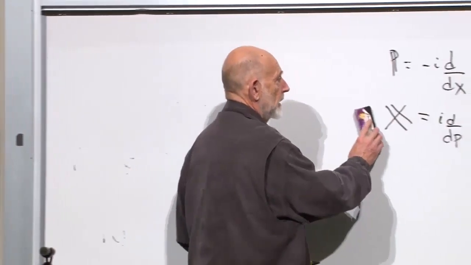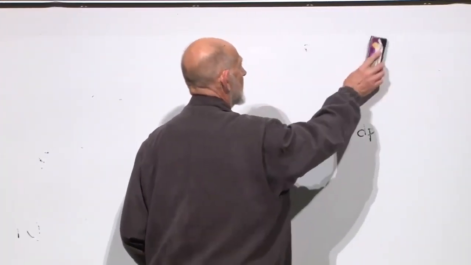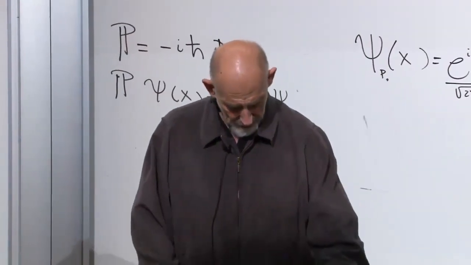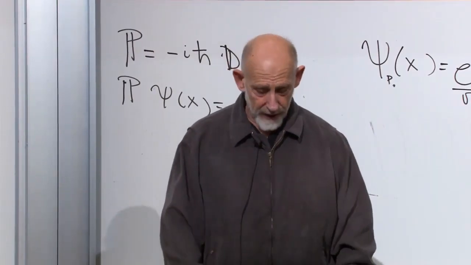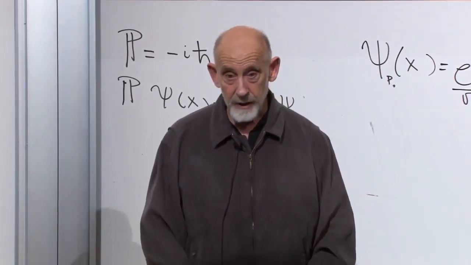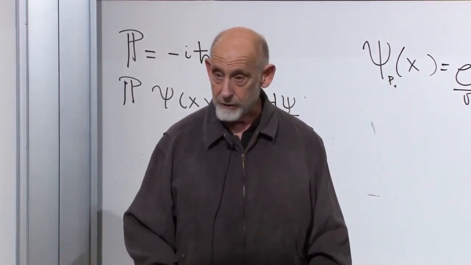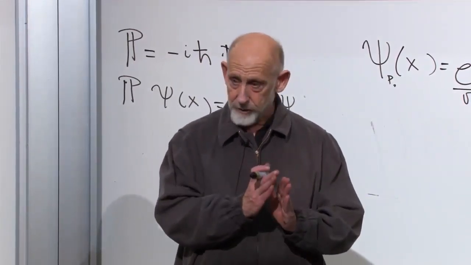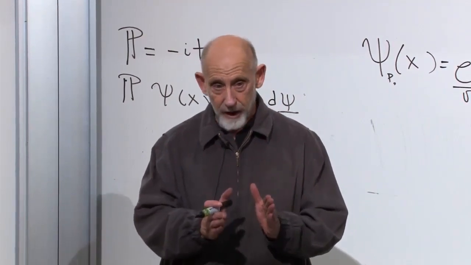I discussed this earlier, but let's go on. The starting point was the idea of the unitary evolution of state vectors, that state vectors evolve by unitary transformation. And then we said, well, what happens if you make a tiny little change in time?